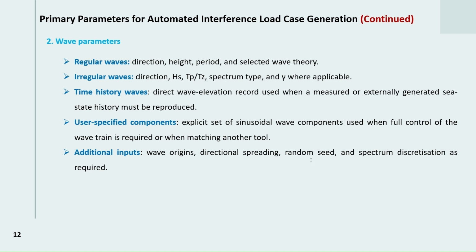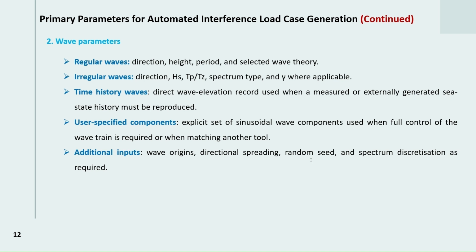This means a direct wave elevation record is applied when a measured or externally generated sea state history must be reproduced. Another option is user specified components.